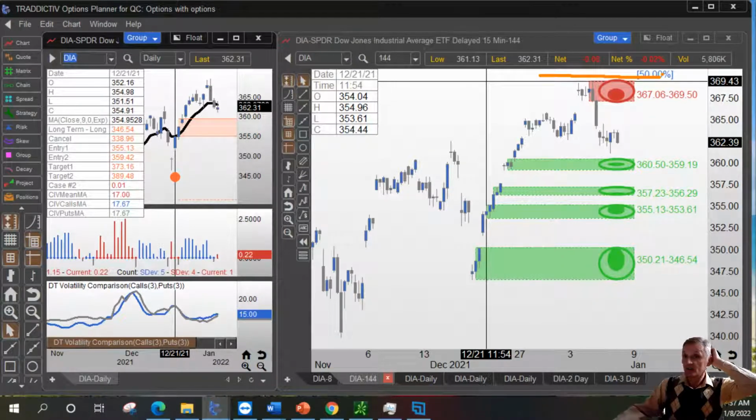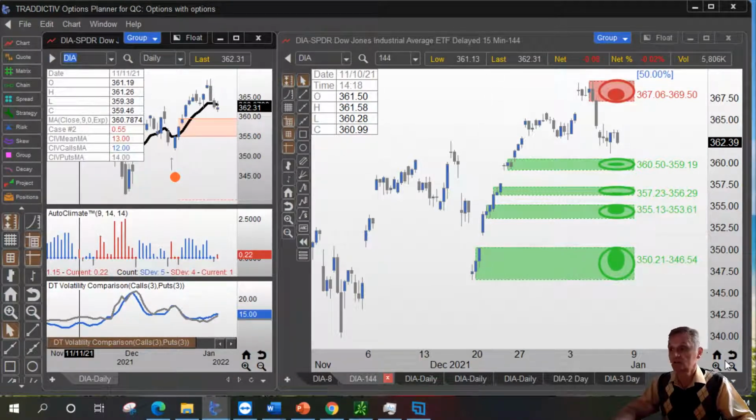But at the same time, I would like to have a target if the price action moves lower to about the 360. So having said that, I want to just capture the few things that need to make sense before we start building this trade in this last half an hour that we have.